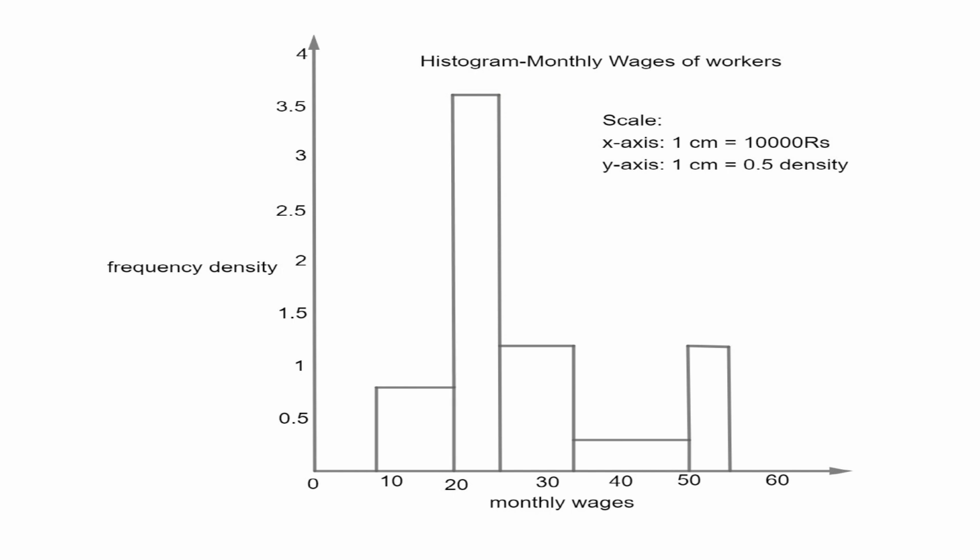The frequency density of the class 24.5 to 34.5 is 1.2. Hence, mark a line at the point 1.2 for the interval 24.5 to 34.5 and join them with perpendicular lines to the x-axis. Proceeding similarly, we get the graphical presentation of the data.